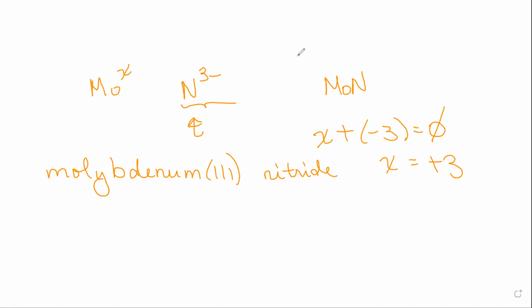Okay, so let me go ahead and do this. I'm going to give you some names, write it down, and then I'm going to show that table with your polyatomic ions again.